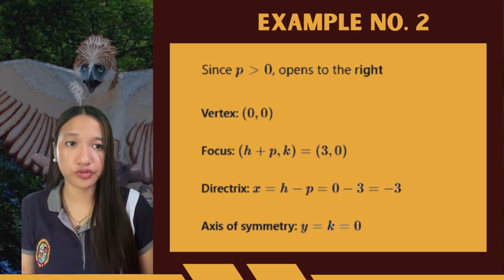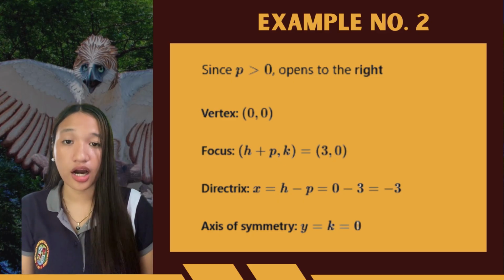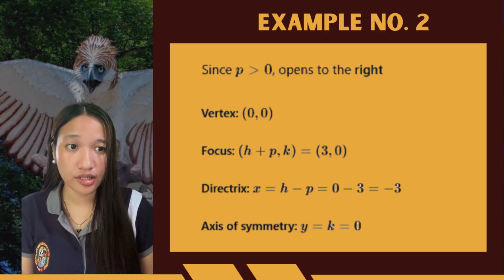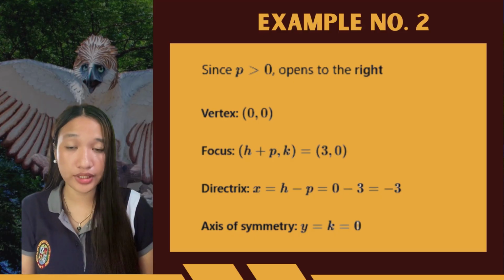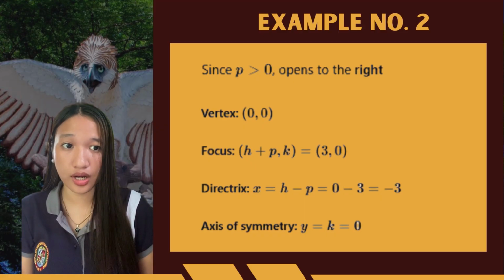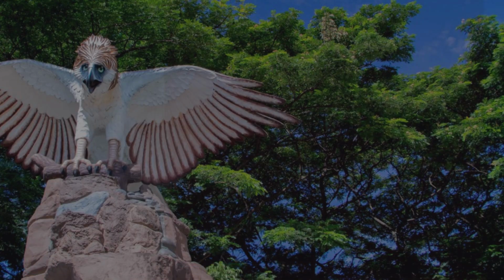So we have our vertex 0 and 0, our focus h plus p and k, so we have 3 and 0. So our directrix x is equal to h minus p. So our h is 0 and our p is 3, so we have negative 3. So our axis of symmetry is y equals k. So our k is 0.